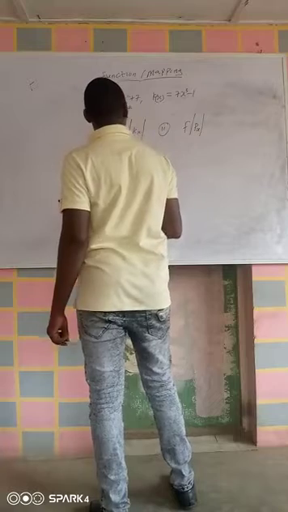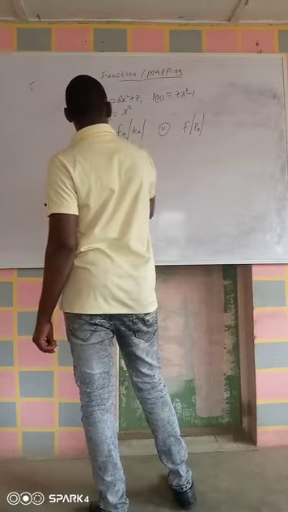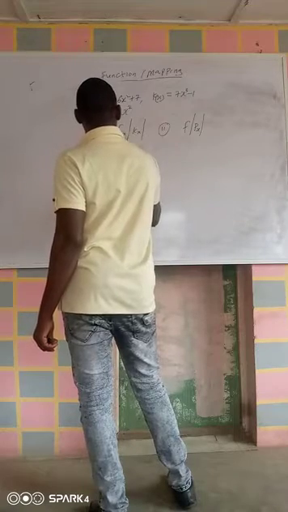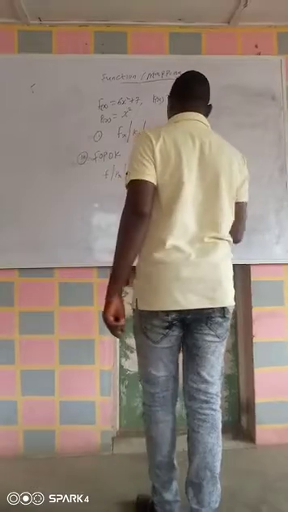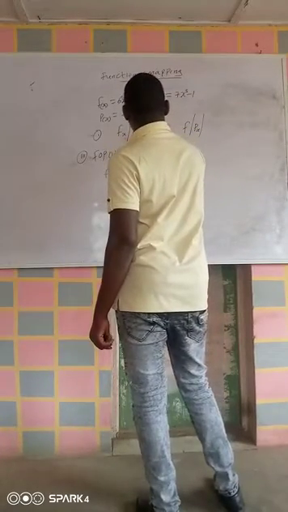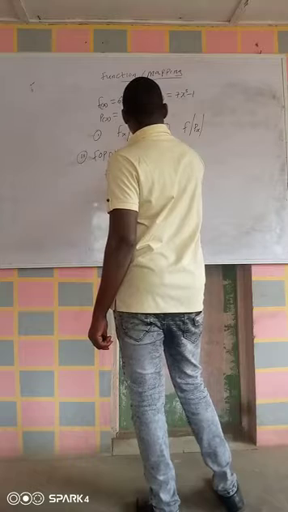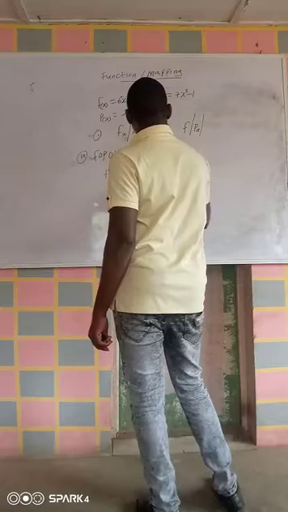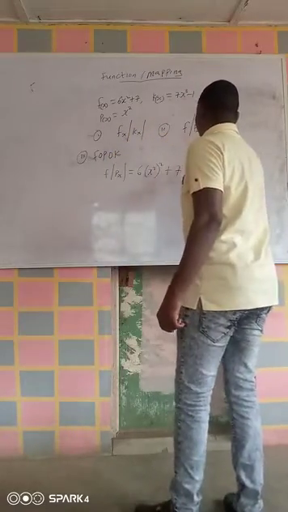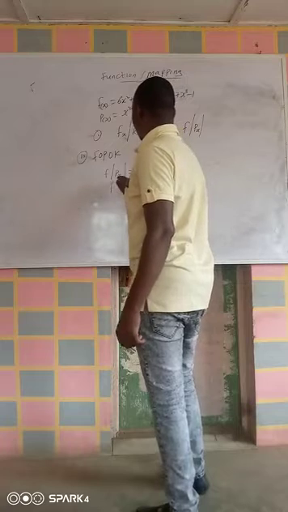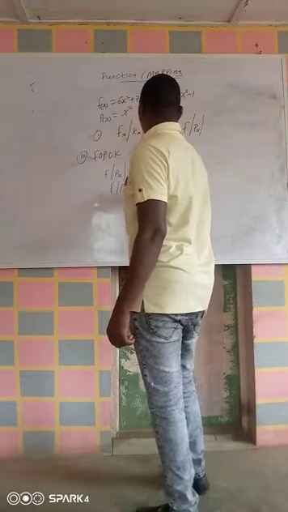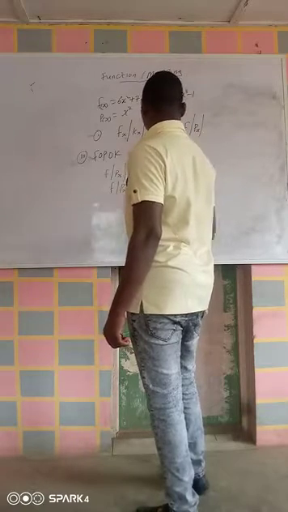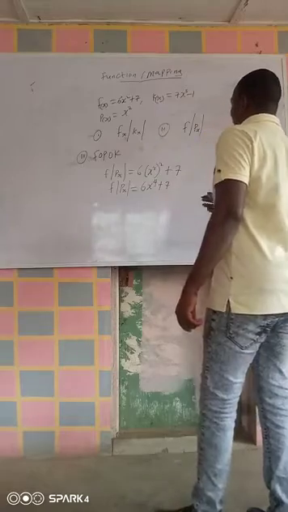Then we are going to have f of p of s, which is equal to 6 into s squared all squared plus 7. So f of p of s equals 6s raised to 4 plus 7. So that is the answer to that.